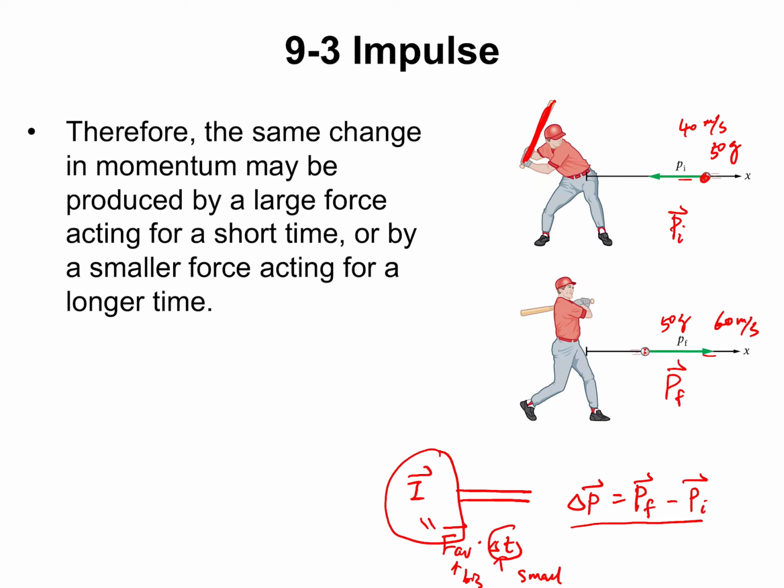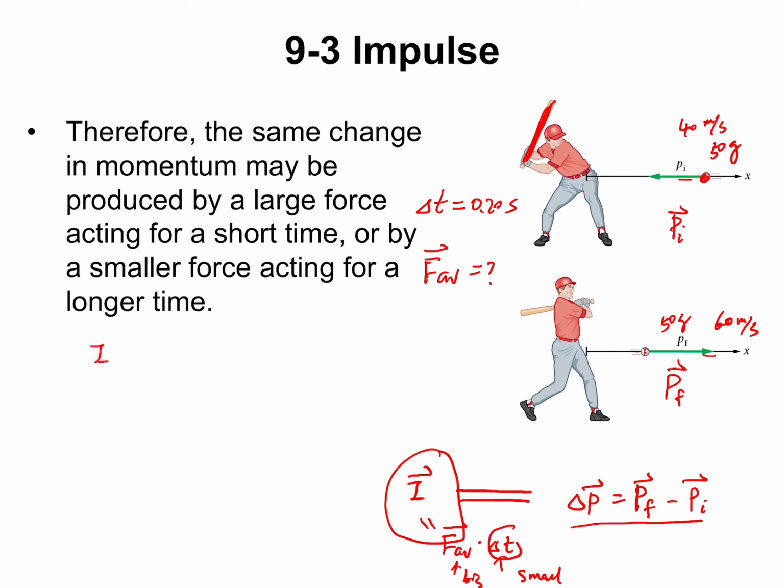This is the final. And then assume the contact time between baseball and bat is 0.20 second. We want to figure out the average force. So let's just do this problem.